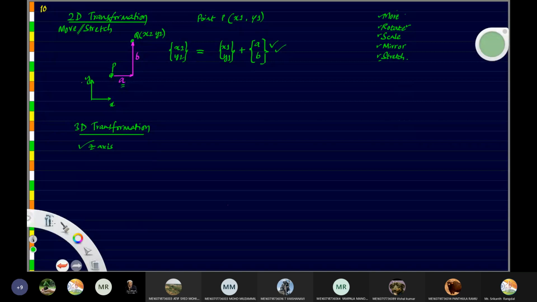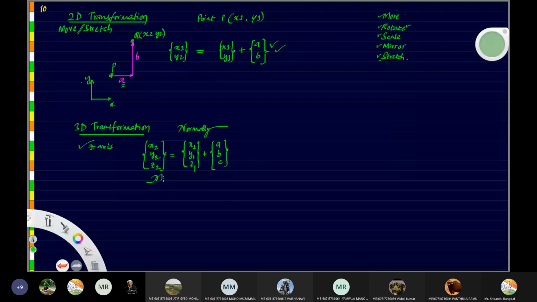So x2, y2, z2 will be equal to x1, y1, z1, and to this we have to add the translation a, b, c. This is how it happens normally, and this is to be taken as matrix multiplication.